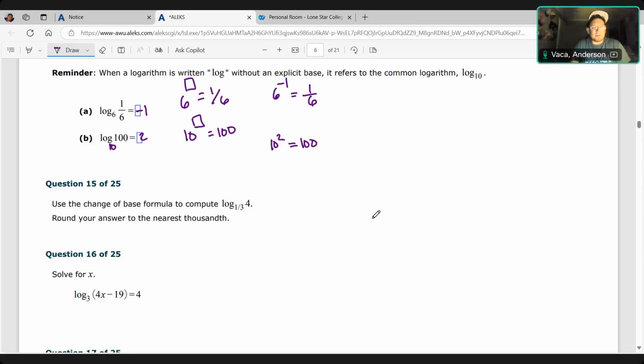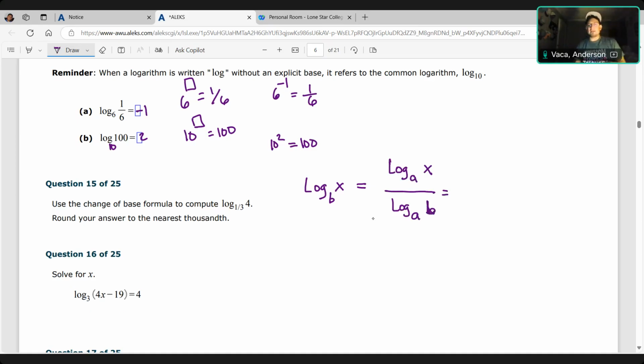Use the change of base formula to compute the following logarithm. Round your answers to the nearest thousandth. We said that the logarithm base b of x is equal to the logarithm base a of x divided by the logarithm base a of b.